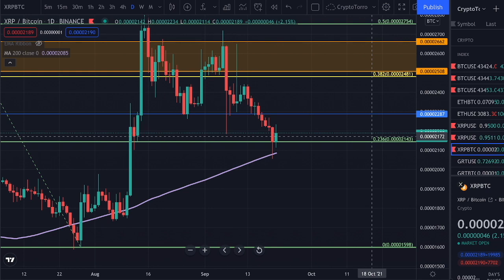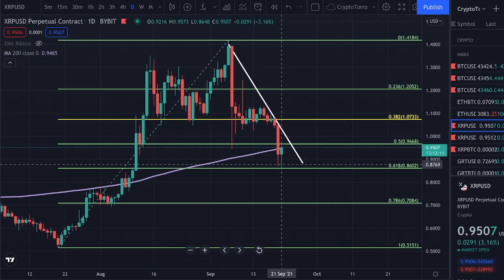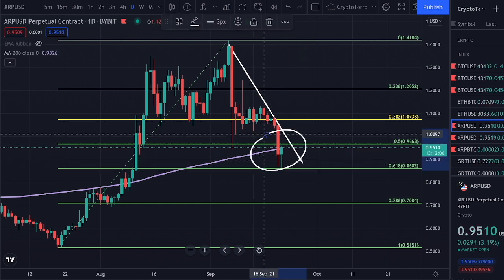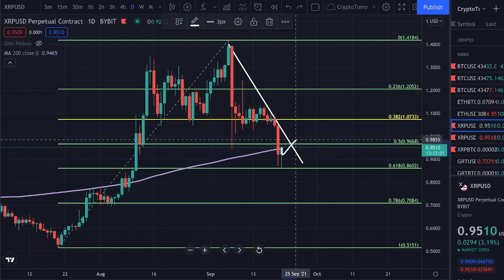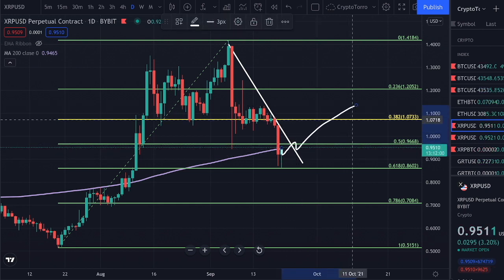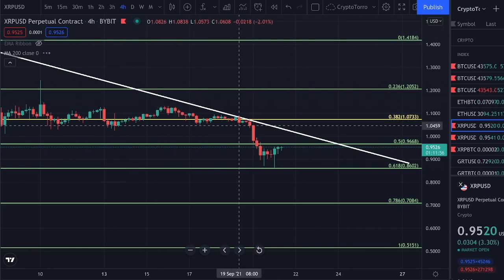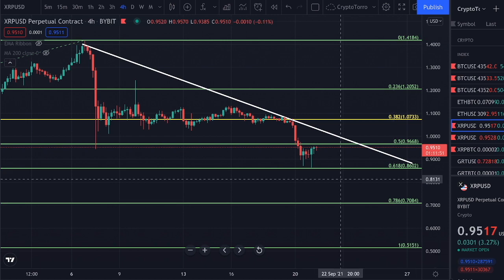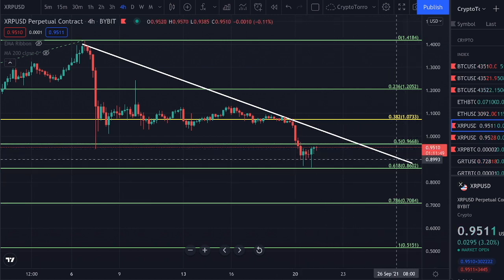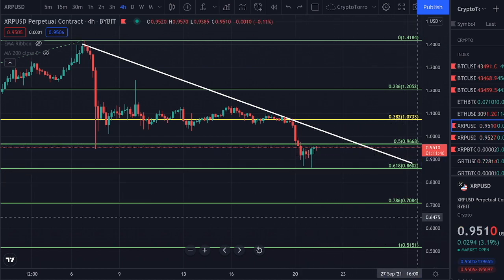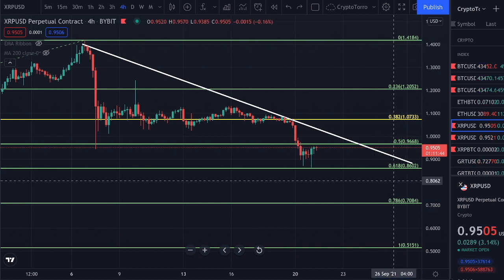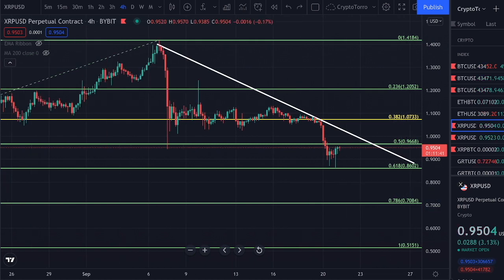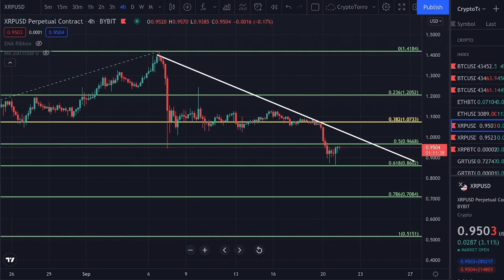Of course, as discussed previously, we could see a trend reversal occur at that point in time, but I would rather see XRP holding strong right now and Bitcoin holding strong and actually seeing a trend reversal getting created during the upcoming hours and days, because otherwise I think we have to take into consideration that we might see a further decline below the 86 cents and heading towards this 70 cents level. For sure, that won't be something I'm looking forward to, and you have to be very careful right now trading crypto in general.